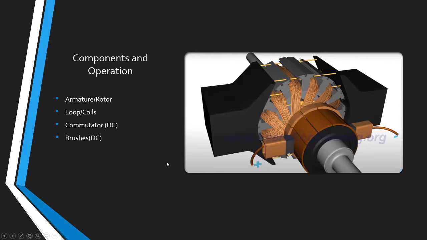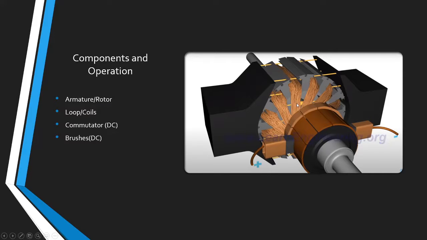Next, we have the armature and rotor. Everything you see in this picture, minus the stator and these brush arms here on the left and on the right, make up the armature. In the armature, furthermore, we have loops or coils running perpendicularly, carrying current through the magnetic field.